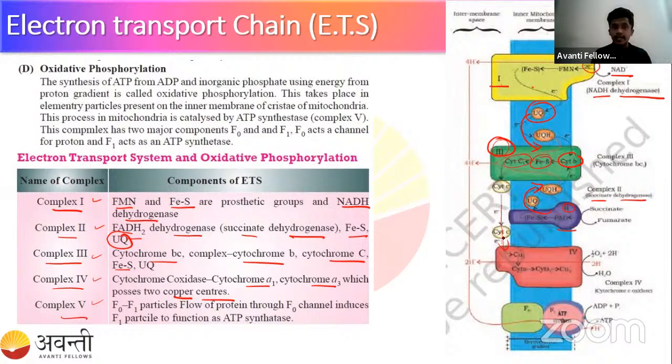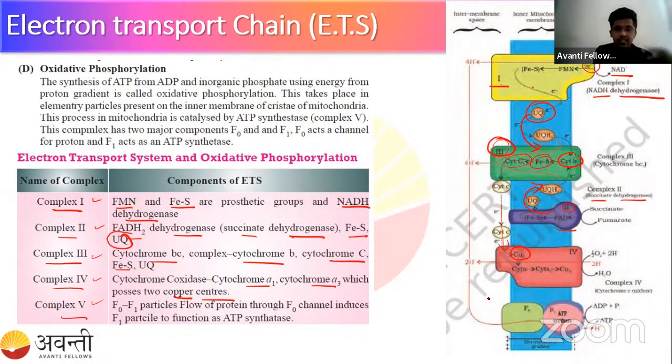It gives out its electrons finally to our complex 4. Our electron acceptor in complex 4 is our copper ions. Very, very important. Who receives the electrons from our mobile electron carrier such as cytochrome C is our copper ions.